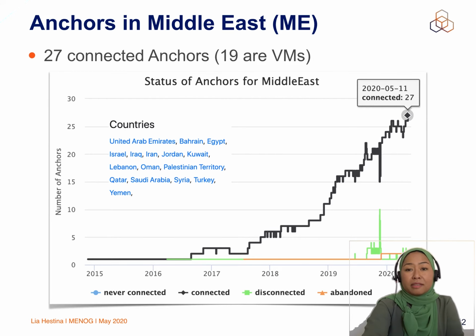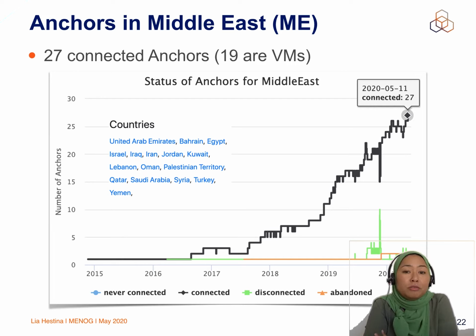So a RIPE Atlas Anchor is a super probe. It has much more capacity in comparison to the regular probes. It attracts all kinds of measurements from 500 probes in the region, and you can use it as a target. At the moment, we have 27 anchors connected in the Middle East.